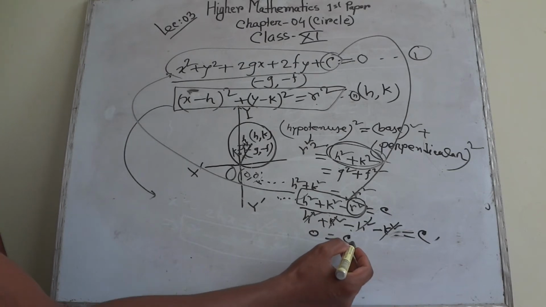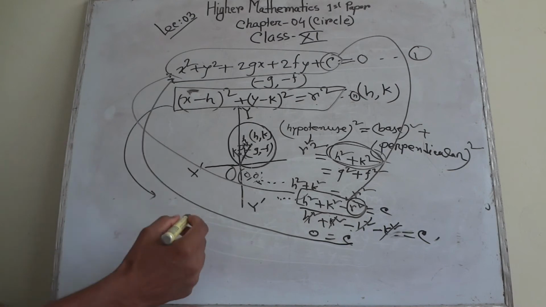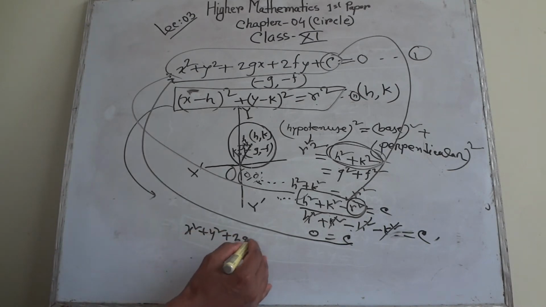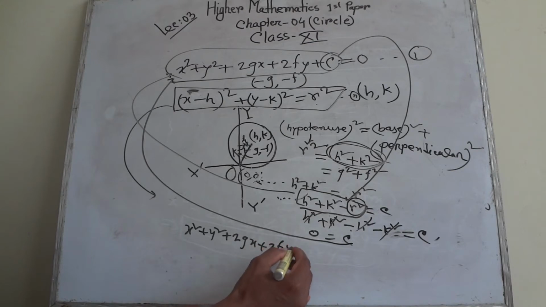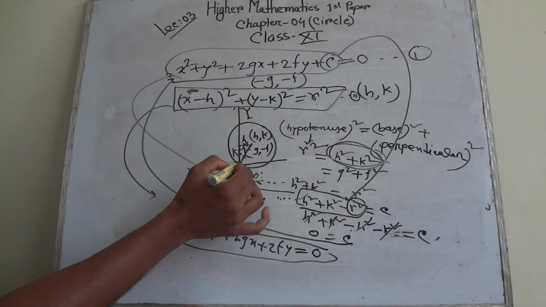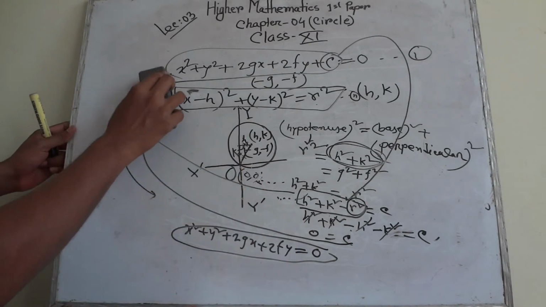As c is equal to 0, the general equation of a circle will be x square plus y square plus 2gx plus 2fy equals 0. That means the constant term will be 0. This is the equation of a circle that passes through the origin. Clear, everyone?